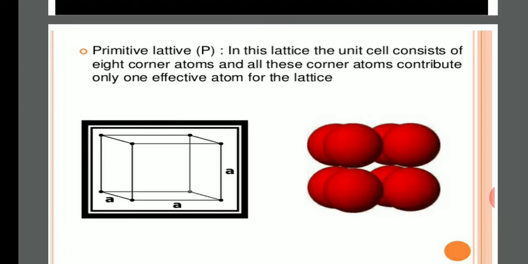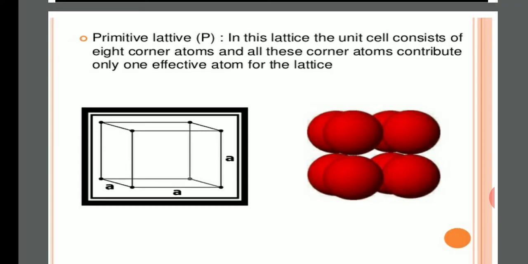In this lattice, the unit cell consists of 8 corner atoms, and all these corner atoms contribute only one effective atom to the lattice. So basically, primitive lattice means you just take a cube. In the cube there are 8 corners, and at the 8 corners you situate 8 atoms, and only one effective atom of the lattice is contributed.